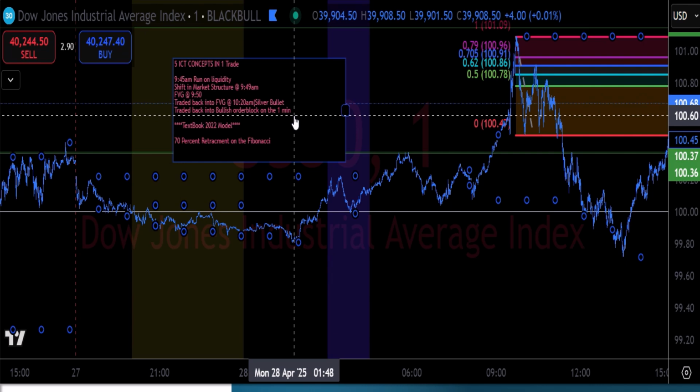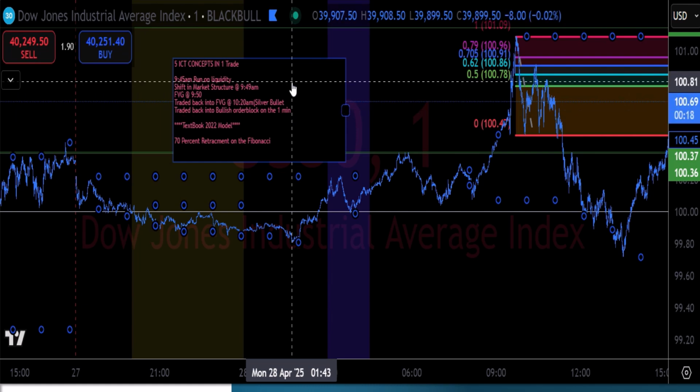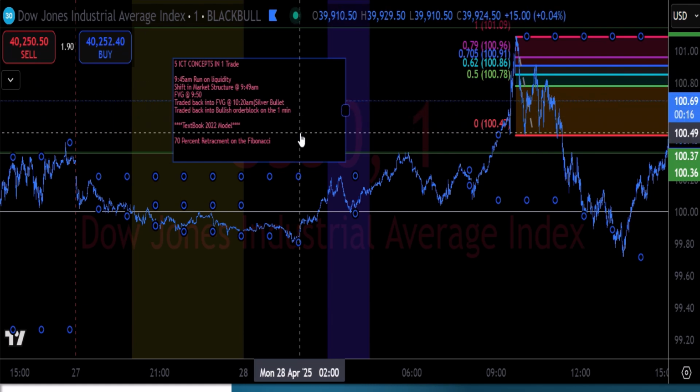I've been revisiting order blocks, because they were something I wasn't really interested in learning or noticing, but the order block is a powerful thing in itself, especially along with the rest of his concepts. And again, this was the textbook 2022 model.